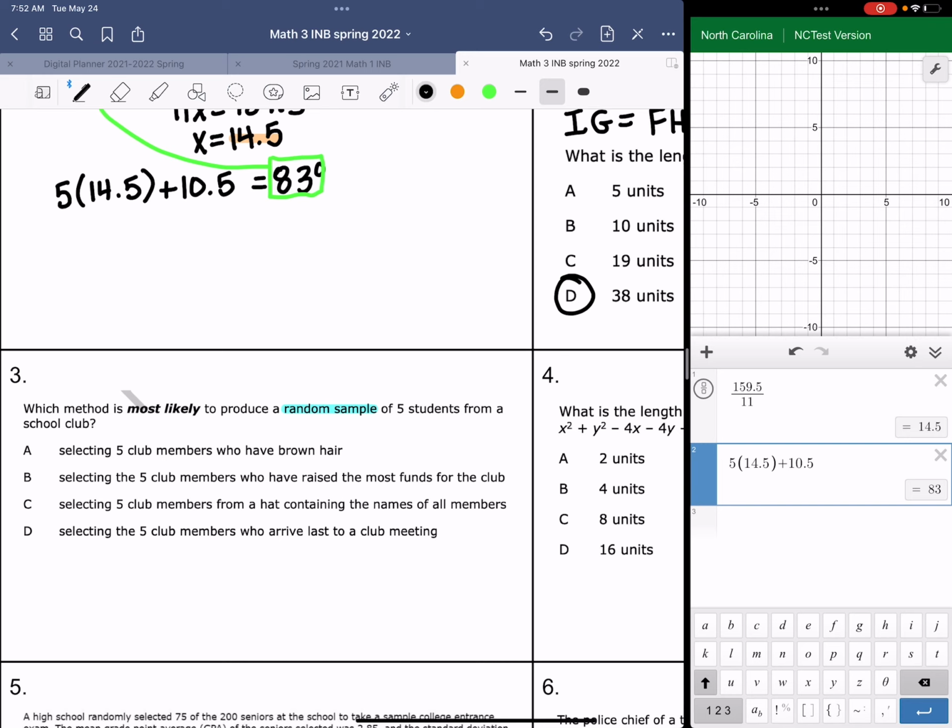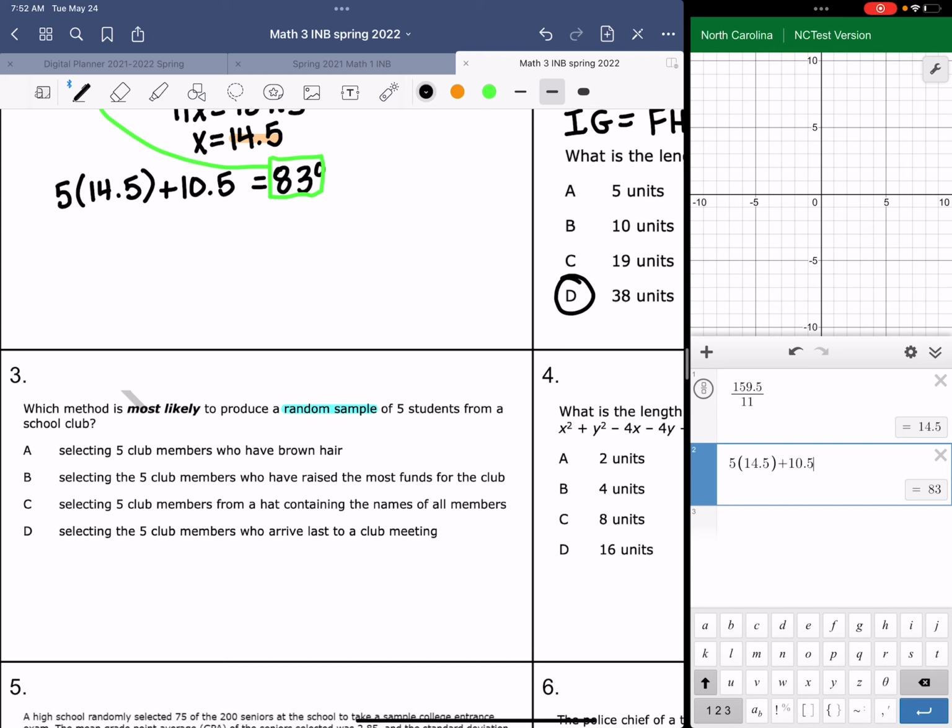So if I were to do a random sample, then I would choose random students within the school, not just one particular class that could potentially be an honors class or not an honors class, because that may be the difference. So a random sample is picking from a population that would produce random samples, not necessarily samples that are particular to that group.